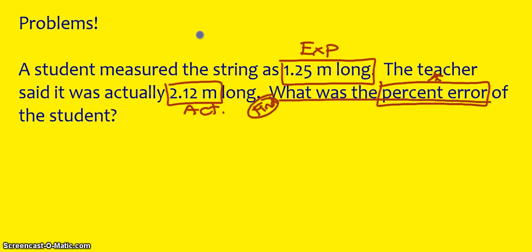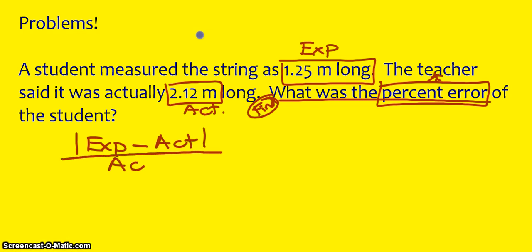So the next thing I'm going to do is write out my equation. Now that I know my plan, I'm going to implement the plan and plug in my variables.